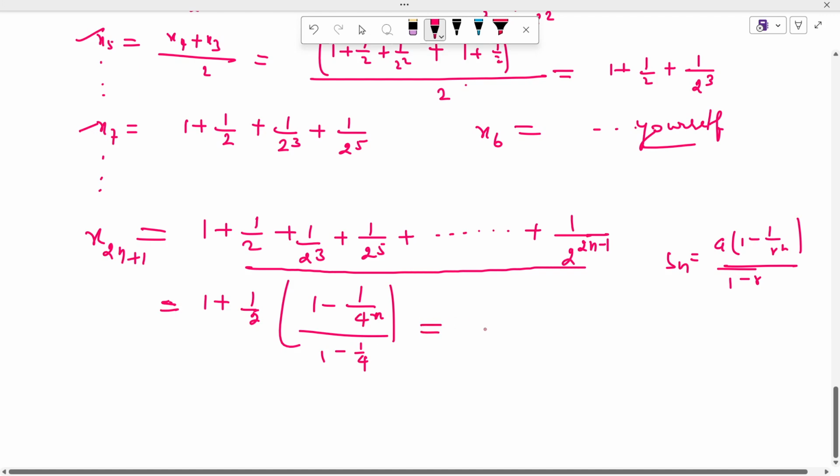So it is basically 1 plus 3 by 2 times (1 minus 1 upon 4 to the power n).